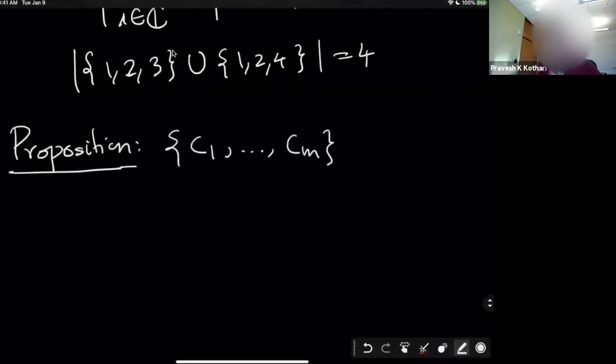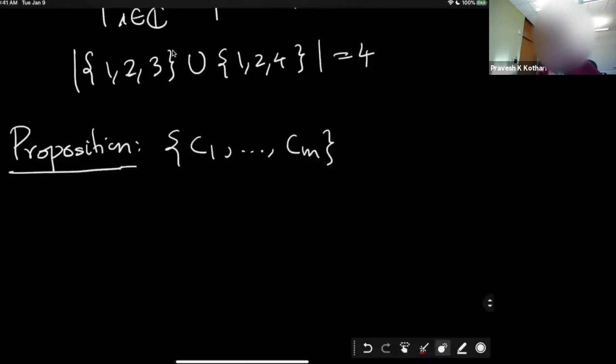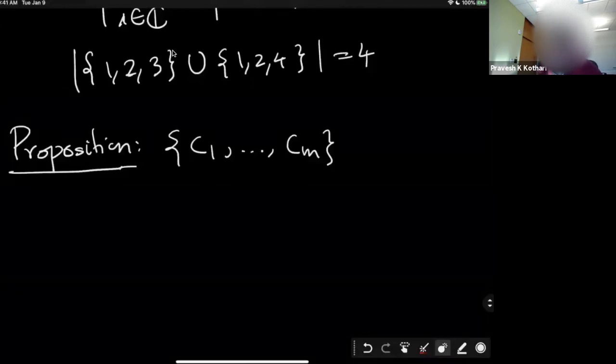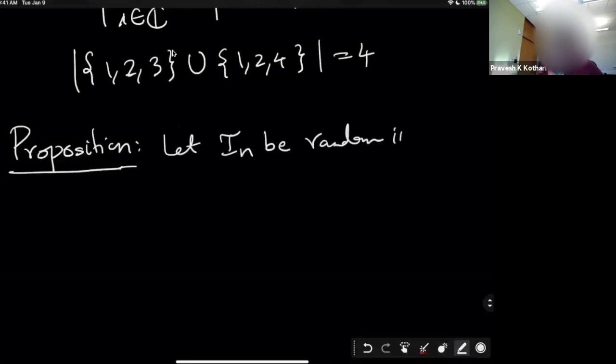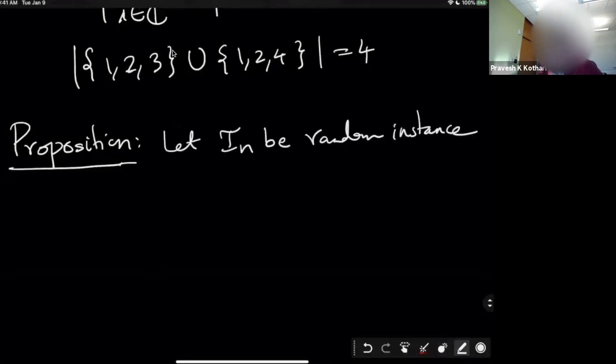That's a K-uniform hypergraph on the vertex set 1 through n. Here is what we'll prove about it. Let I_n be a random instance with m constraints.